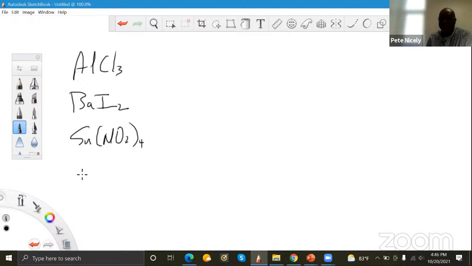What's the name of this compound? Tin 4 nitrite is correct.